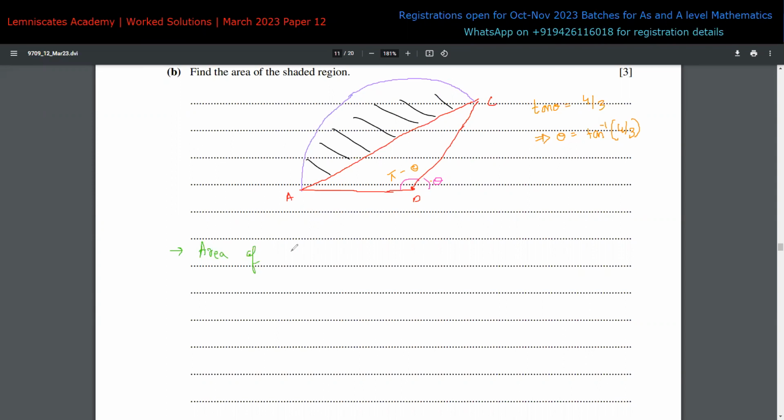Now if we go ahead and say that area of sector ADC is equal to, we know the formula is half r squared theta, right? Half, the value of r is given to us as 5, and the angle that is over here is pi minus theta. So half r squared into theta, where theta is pi minus tan inverse of 4 by 3.